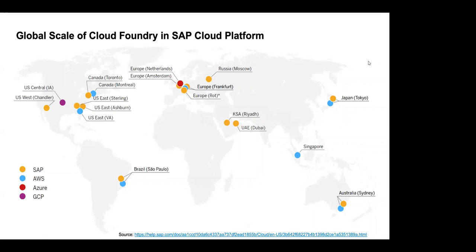And because SAP Cloud Platform not only consists of Cloud Foundry, but its origins actually date back pretty much to a similar point in time as when Cloud Foundry was initially created, we have data centers that don't have Cloud Foundry. But as you can see from this visualization, we also have quite a few data centers that meanwhile run Cloud Foundry.